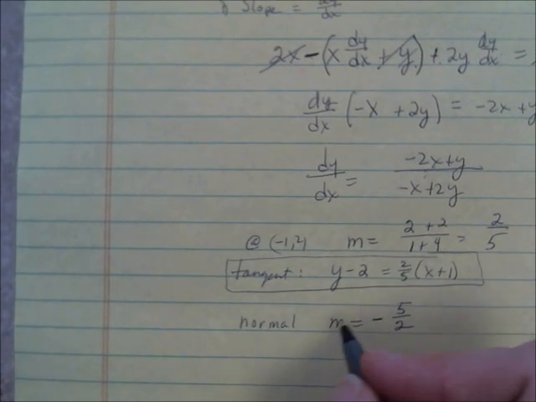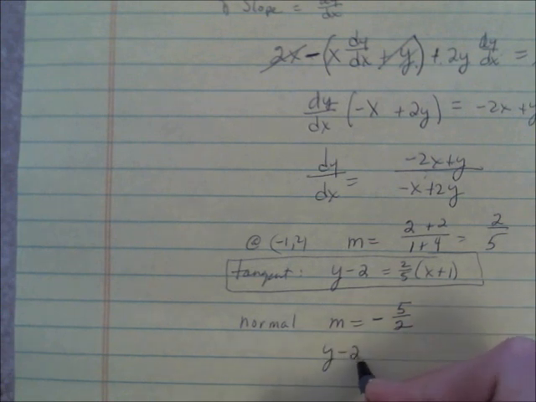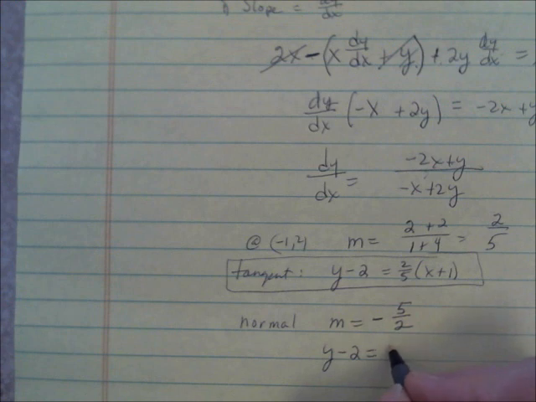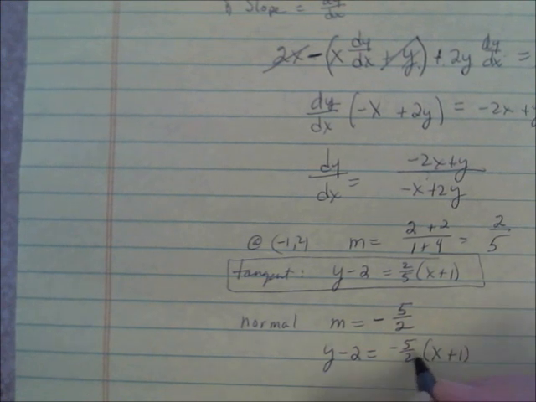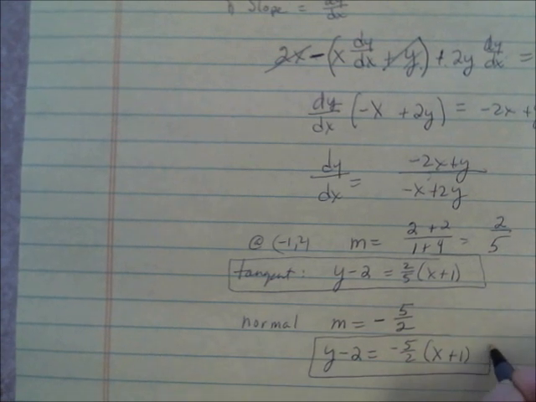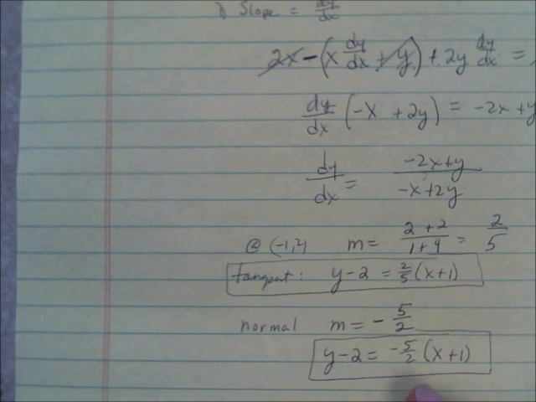And so now the equation of the normal line is y minus y1 is equal to m times x minus x1. If you wanted to distribute the 5/2 and add 2 to both sides, you would get the equation of the line in y = mx + b format.